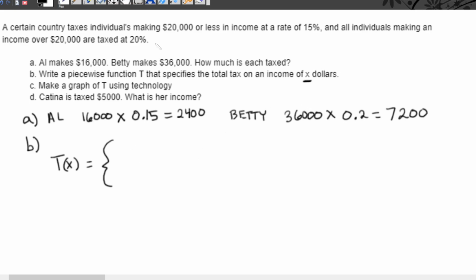So let's focus on people making anywhere $20,000 or less.